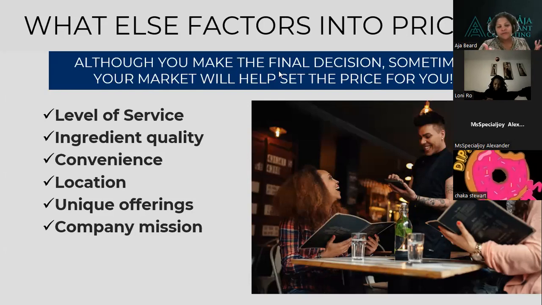You have to think also the level of service. If you're providing something that is a little more specialized, you can get a higher price point. Ingredients, if you're promoting non-GMO, gluten-free, vegan, more high-end ingredients, organic, these are things that people will pay for. So you may want to give yourself a little bump.